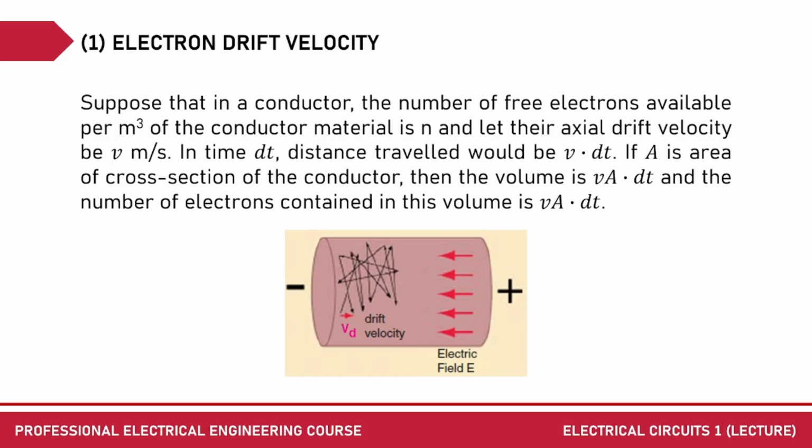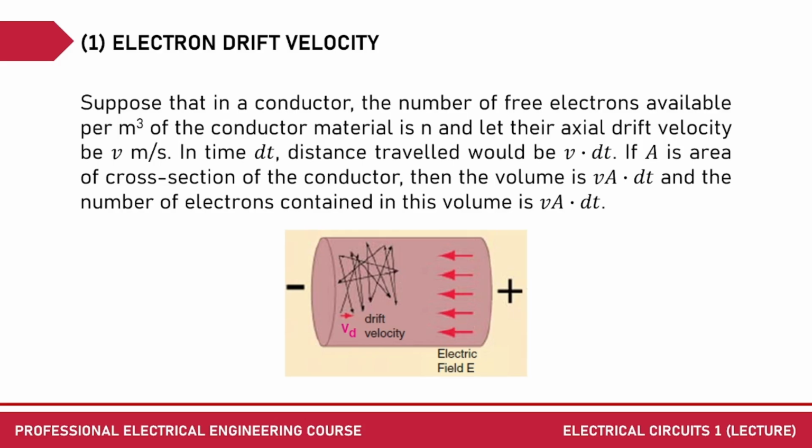Electron drift velocity. Suppose that in a conductor, the number of free electrons available per cubic meter of the conductor material is N, and let their actual drift velocity be V in meters per second. Now, in time dt, the distance traveled would be V times dt.